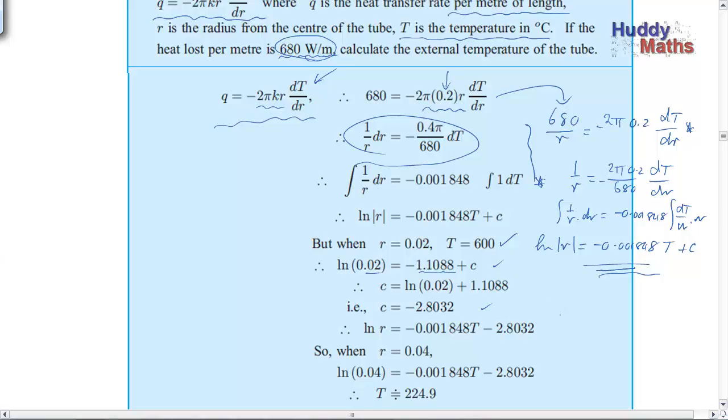So we can now put our formula together and say ln R is equal to this thing here. When R is 0.04, we can sub into it. So we've isolated T, the temperature, and we wanted to calculate the external temperature of the tube.